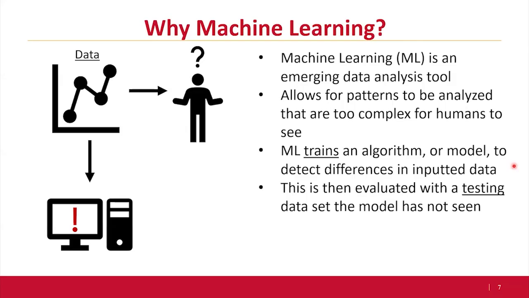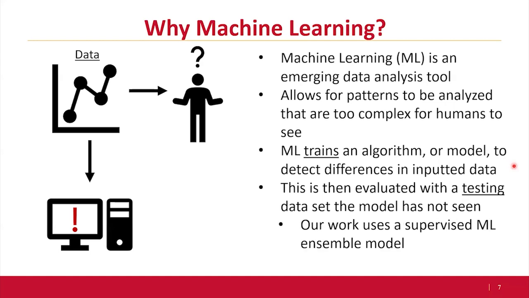We then have a second data set that has been set aside that the model has not seen, has not been trained on, and that's used to test it. And this gives us an objective overview of how well our model is actually performing with data that it hasn't been trained on. For those of you who might know machine learning, we're specifically using a supervised machine learning approach with an ensemble model.